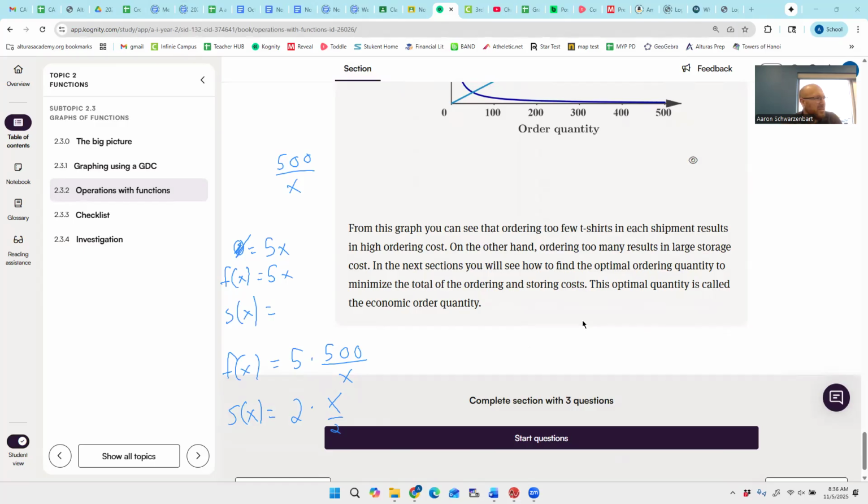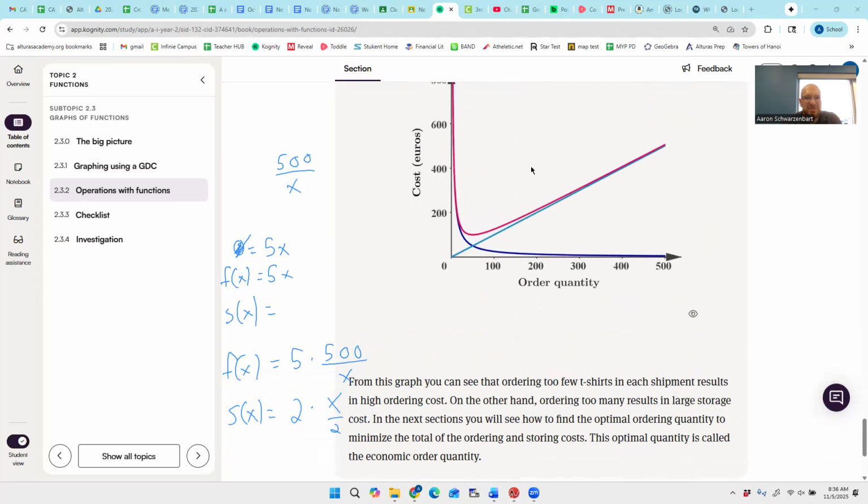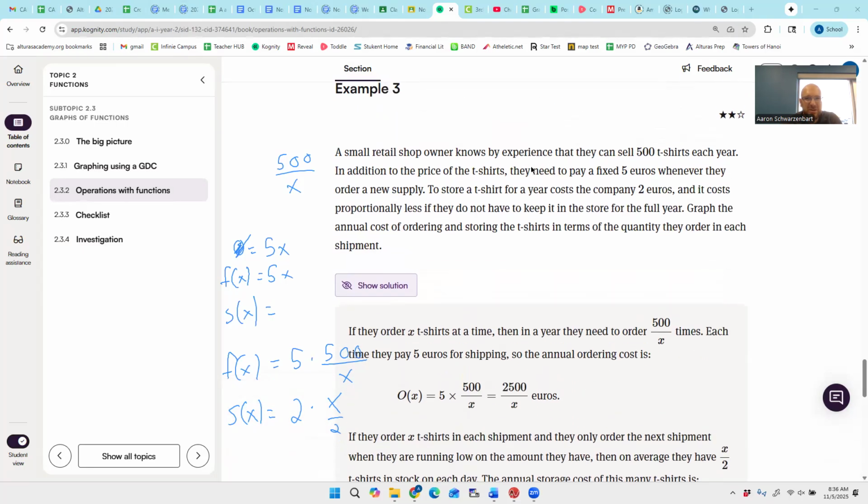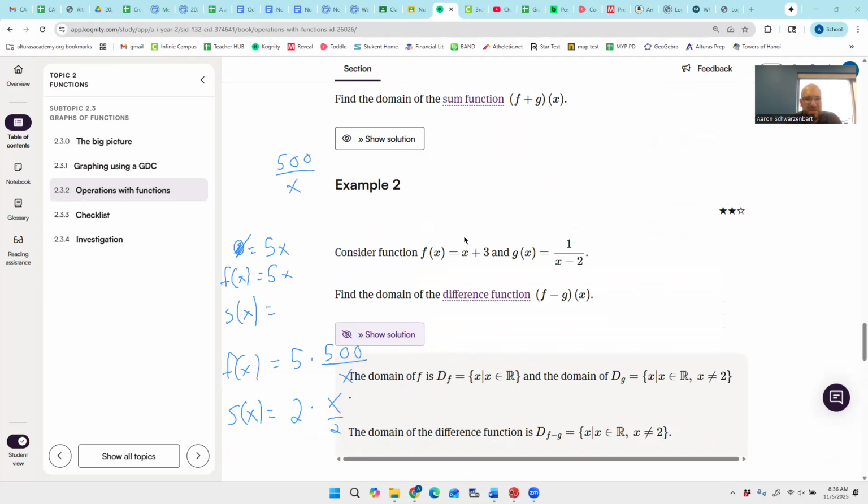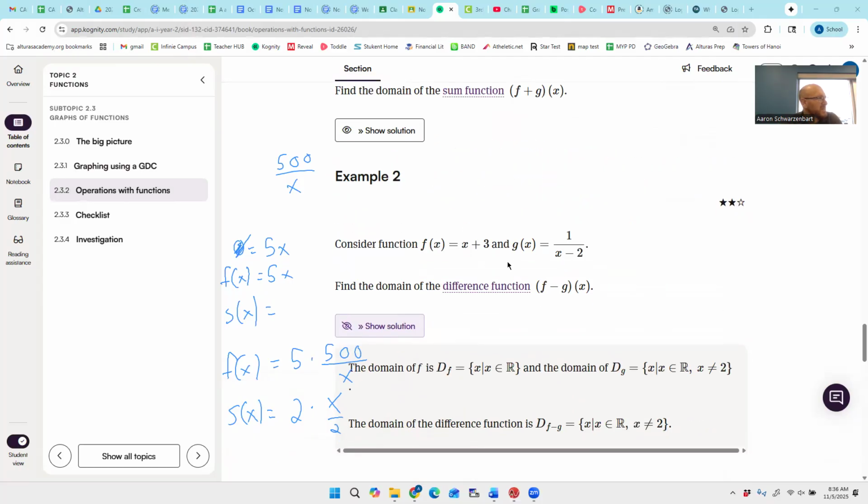That was the entirety of this section. There'll probably be a couple of confusing word problems, and the rest of it will just be these find the domains. Graph this function and make a nice sketch. And make sure to make your sketches in the way that IB wants them. Okay.